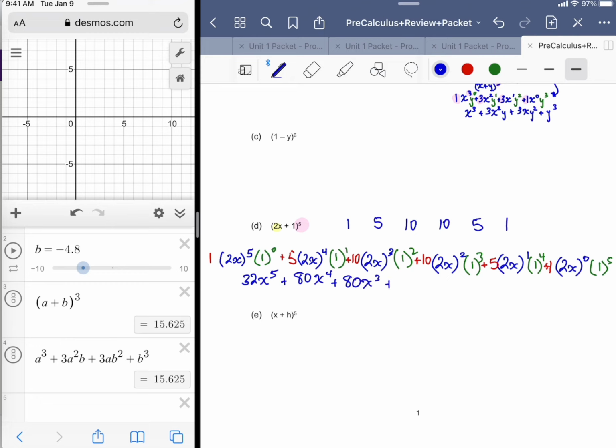Then 40x squared. Then just a 10x. And then a 1.